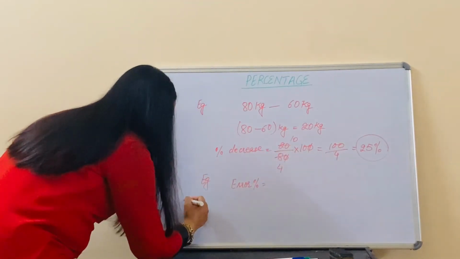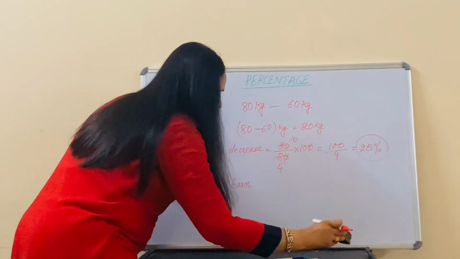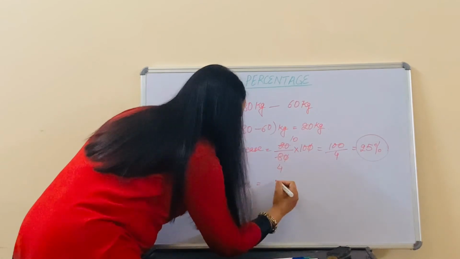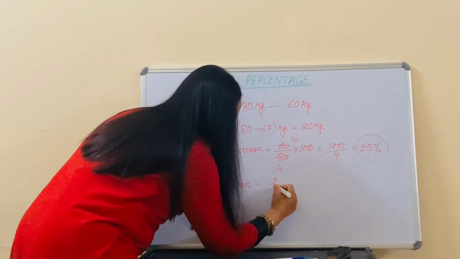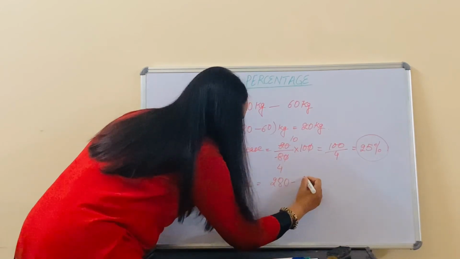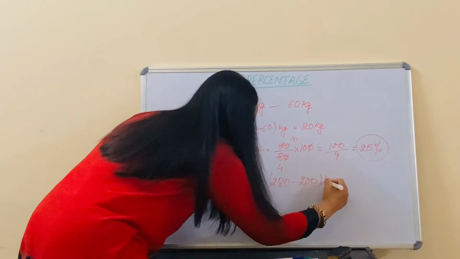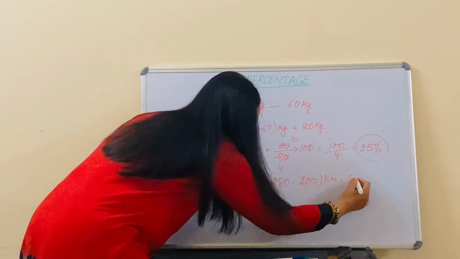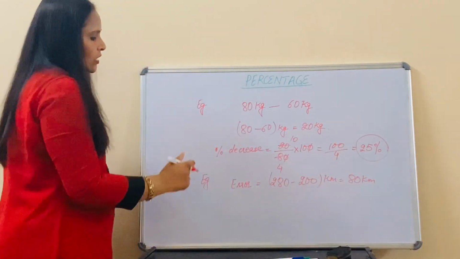The error we have taken is, not error percentage, we'll take error, which is 200 was the original distance, but it was taken as 280. So the error we are having is 280 minus 200 kilometers, which comes out to be 80 kilometers. So there is an error of 80 kilometers.